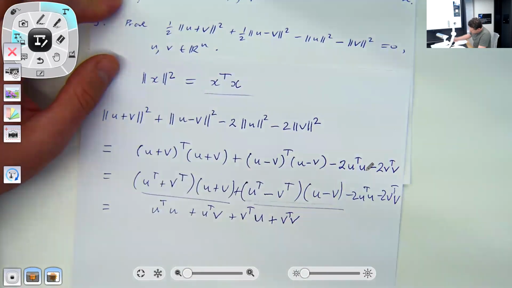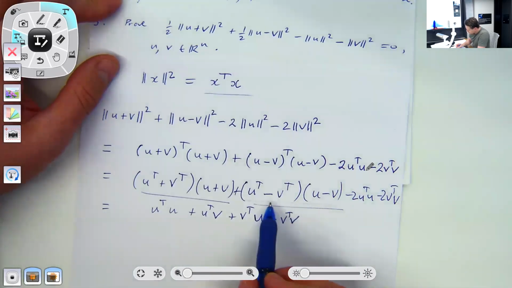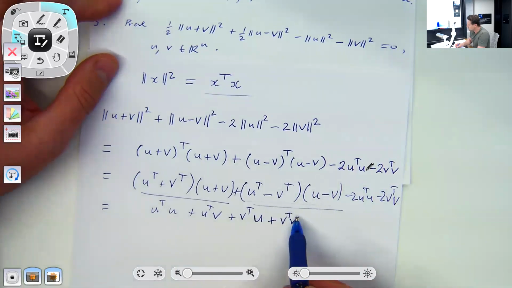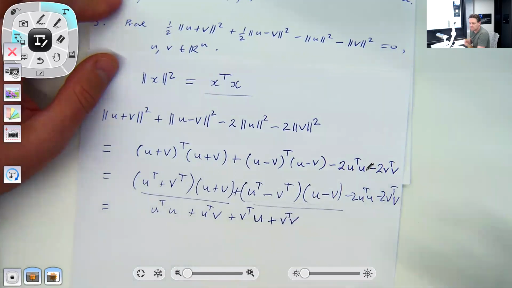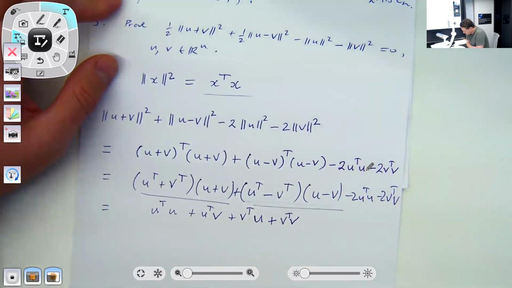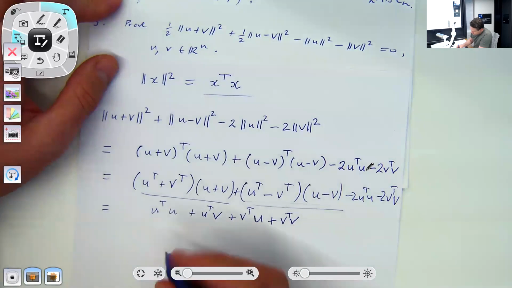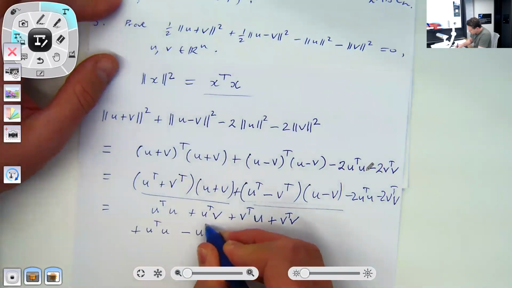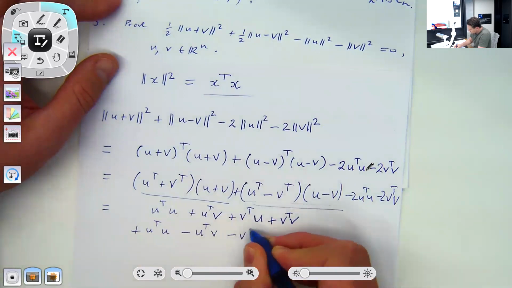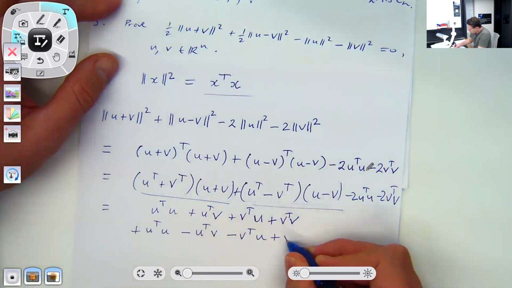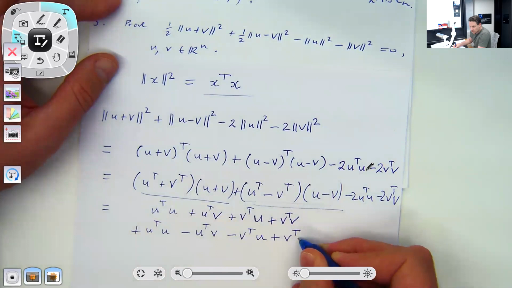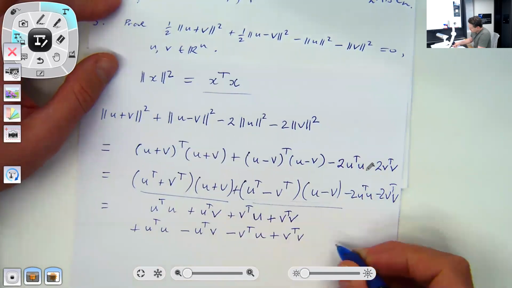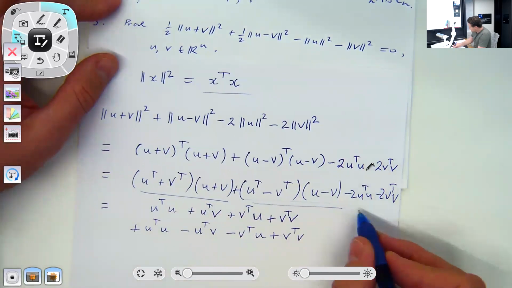It's already getting big, but it'll be convenient because they're so similar to put it straight underneath. And you can see that what changes is that the middle 2 terms will be negative, and the others positive. So we have plus u transpose u, and minus u transpose v, minus v transpose u, and plus v transpose v.